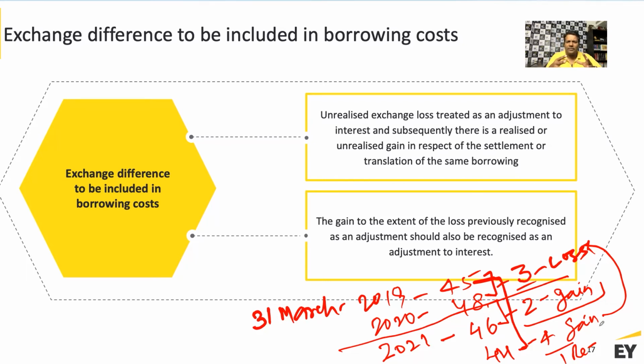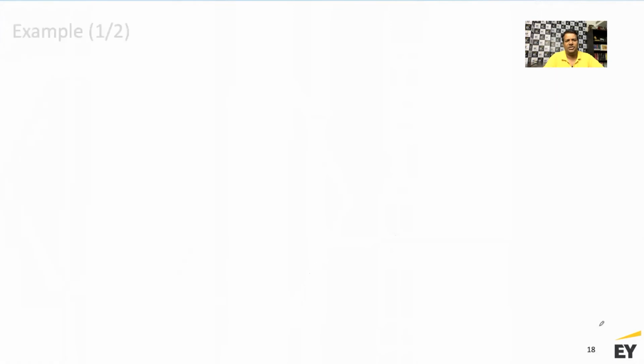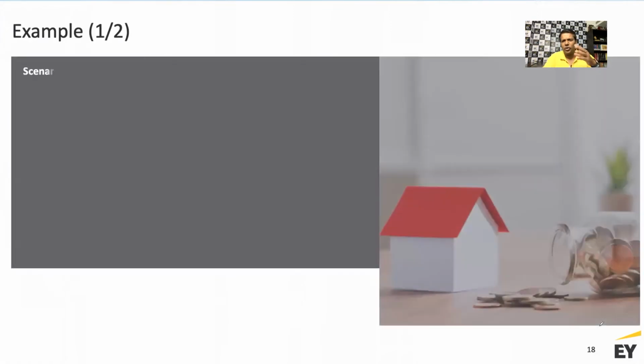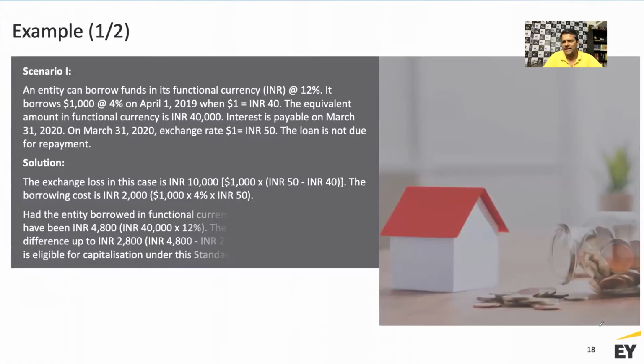If the gain is much more than the loss you previously recorded, then the excess is actually an exchange gain which you will record in your P&L as a foreign exchange gain, and appropriately, of course, revalue that liability in your balance sheet as well. So we're going to further try and understand this with the help of this example.